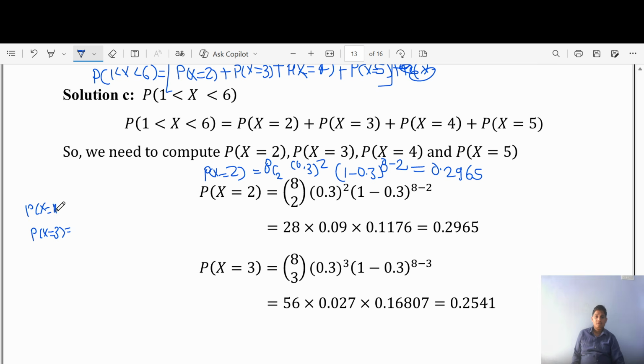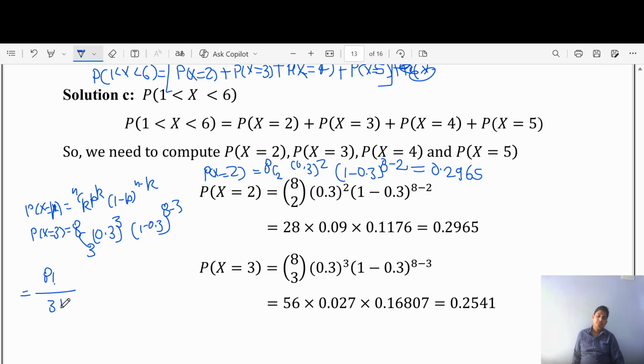P(x) equal to k means nCk p to the power k, 1 minus p to the power n minus k. This is the main formula. So n is given as 8, k is 3, p is 0.3 to the power k which is 3, 1 minus 0.3, n is 8, k is 3. So you just solve 8C3, which means 8 factorial over 3 factorial, 8 minus 3 factorial.